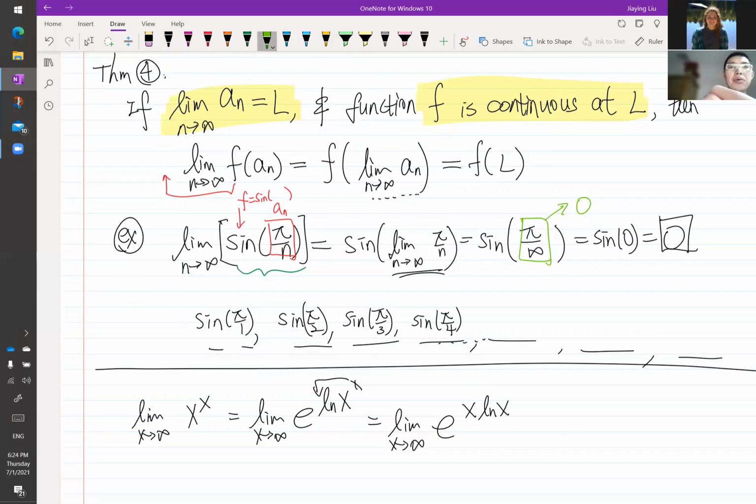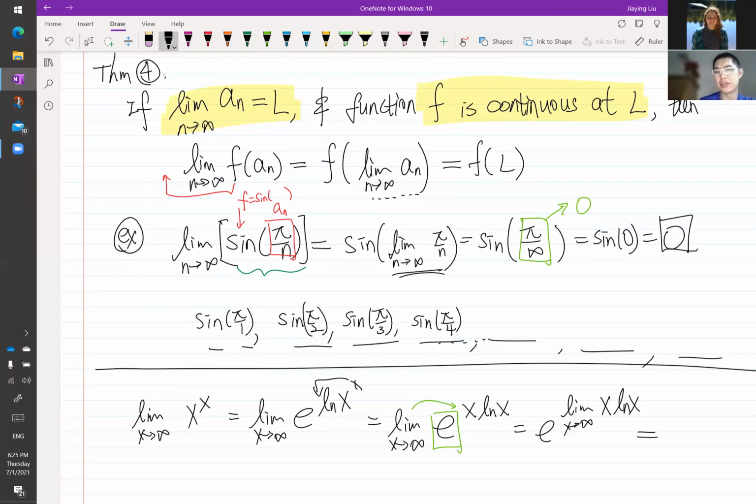Back then, because e to the something, the exponential function, is a continuous function, we brought the limit to the exponent part and ended up finding the limit of the exponent first using L'Hopital's rule. I don't know if we did it in this class or maybe in a calculus 1 class.